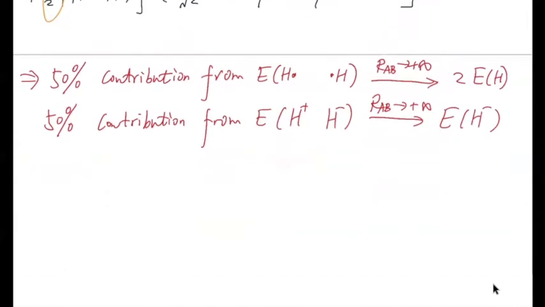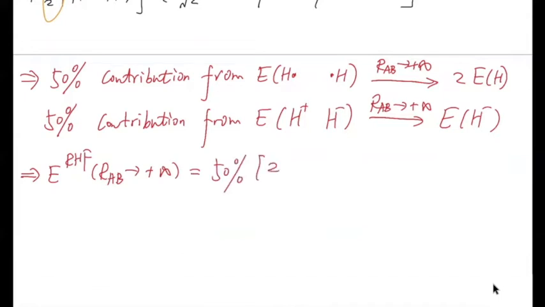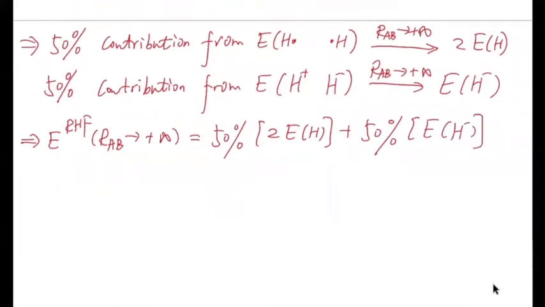And based on superposition principle, we know the overall energy for the restricted Hartree-Fock at the dissociation limit is going to be 50% times 2 times E hydrogen plus 50% times E hydride, right? And this gives you the energy of hydrogen plus 1/2 energy of hydride.